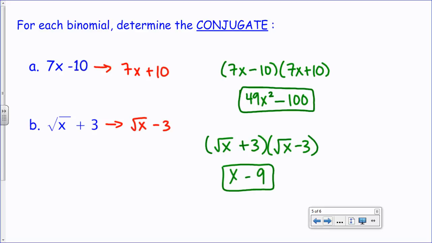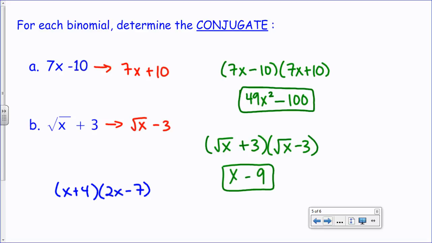Remember, you can use FOIL if you don't remember a squared minus b squared. That only works if you multiply conjugates. If you have a regular multiplying binomials problem, like this, what would you do here? FOIL. There's not a shortcut for this.